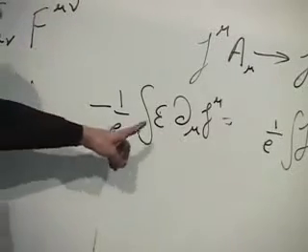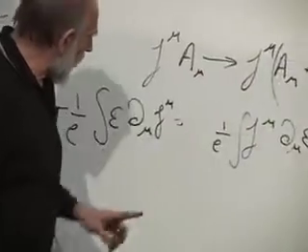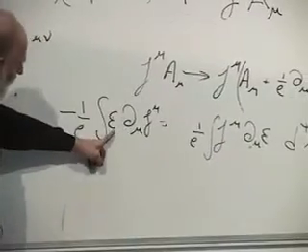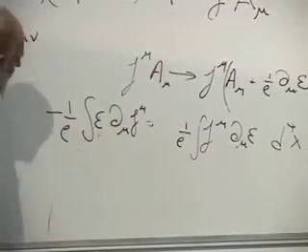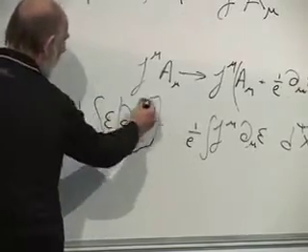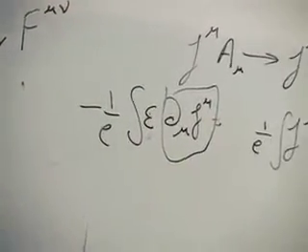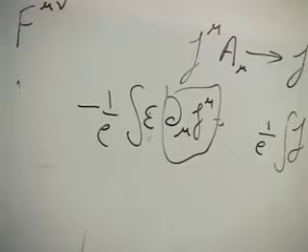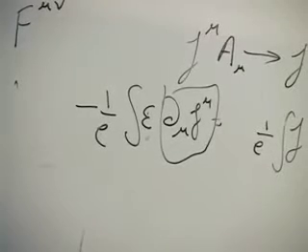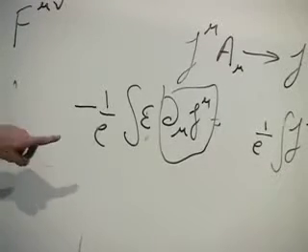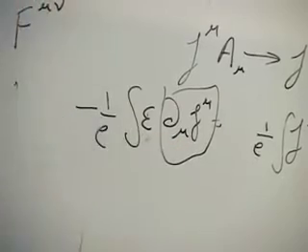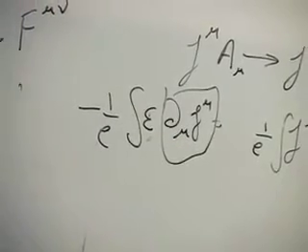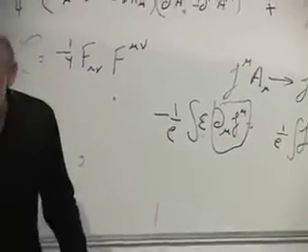Now, this is the change in this term in the action due to gauge transformation. You recognize this thing? Yeah, d4x. But do you recognize this? That's the continuity equation. Remember the continuity equation.